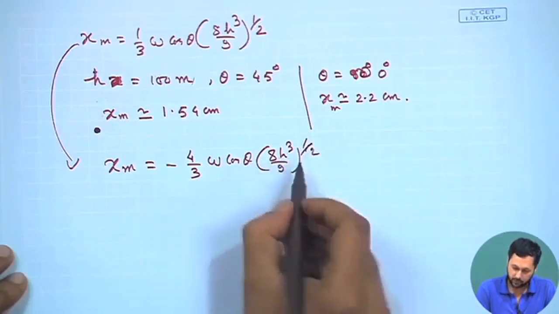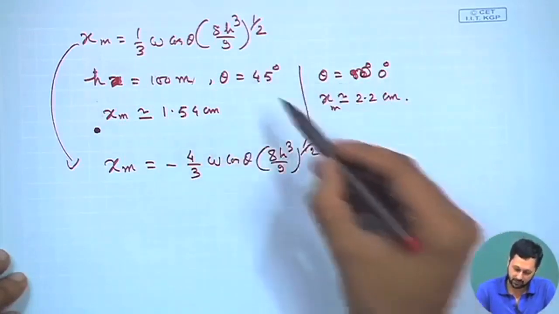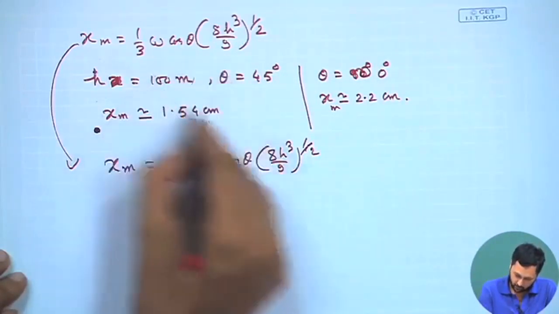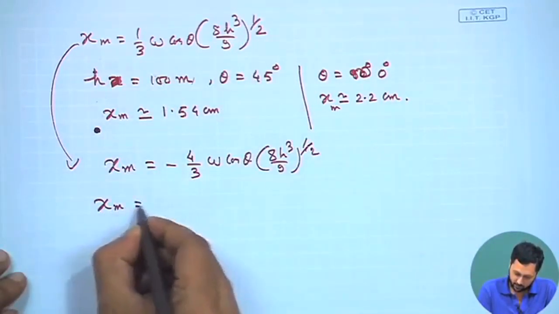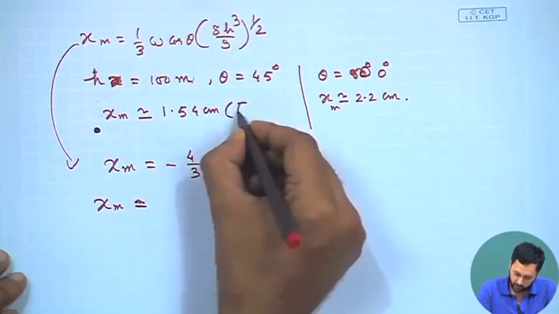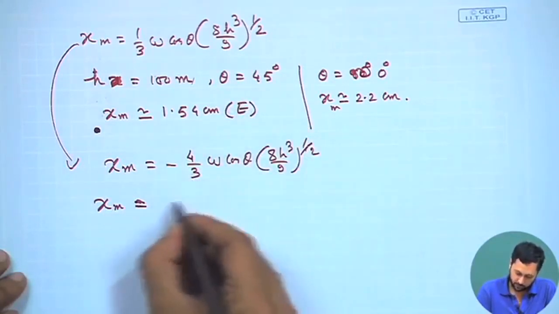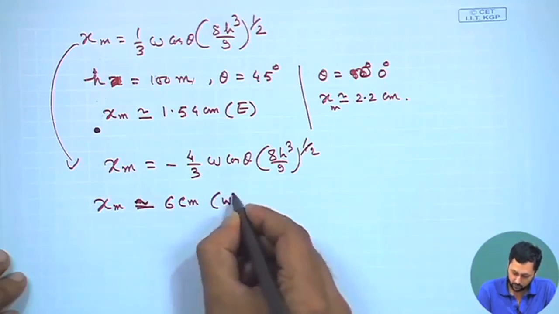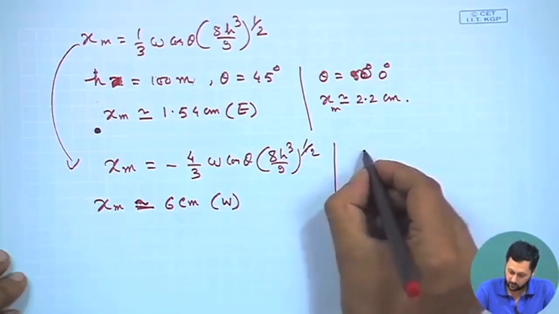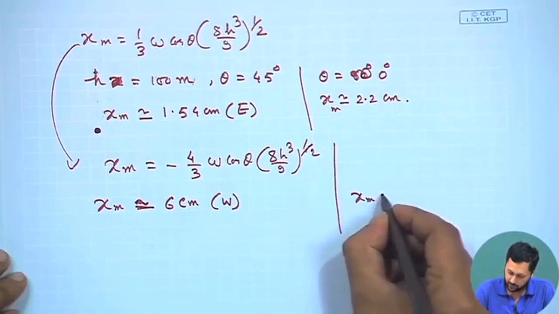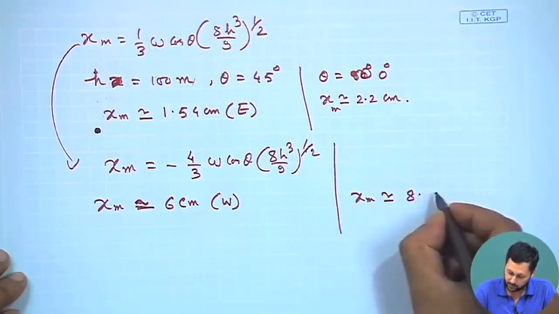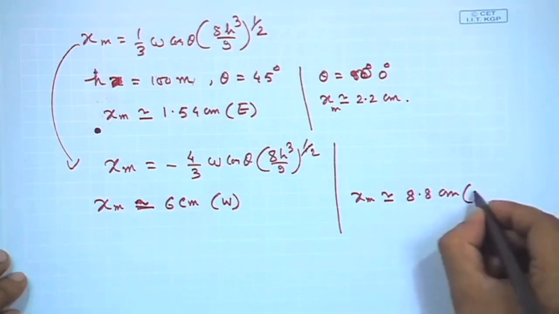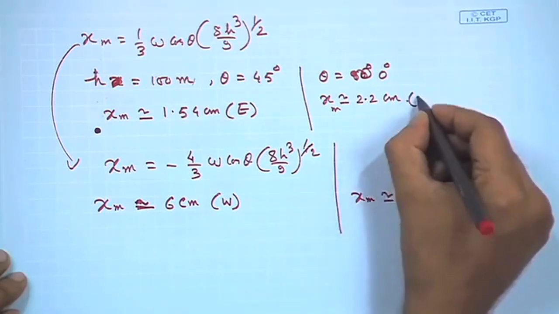We have to replace V 0 by h. So, if we use the same numbers, it will be almost 6 centimeters towards west, and at theta equal to 0, x m is approximately 8.8, approximately 9 centimeters towards west.